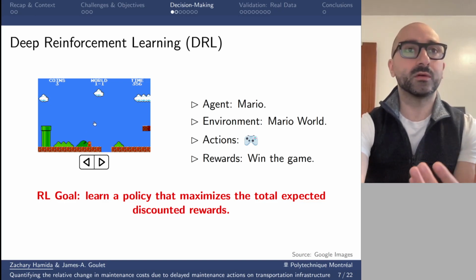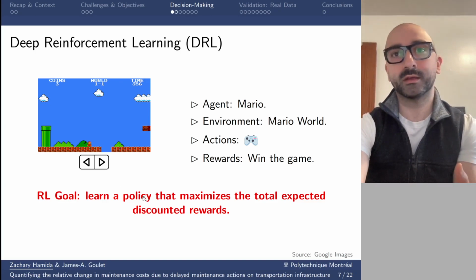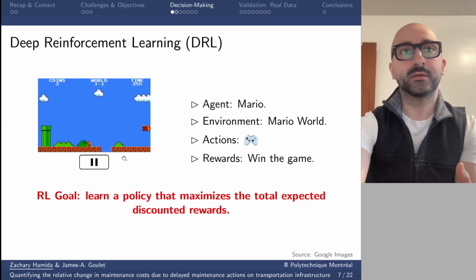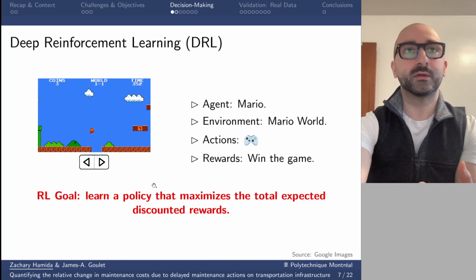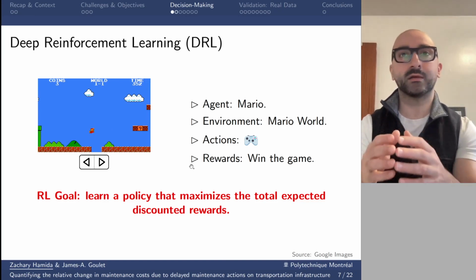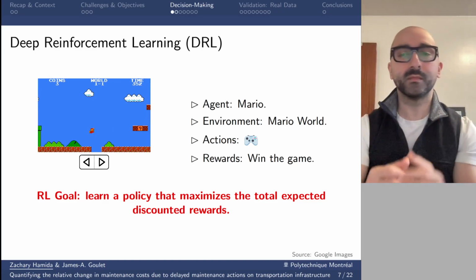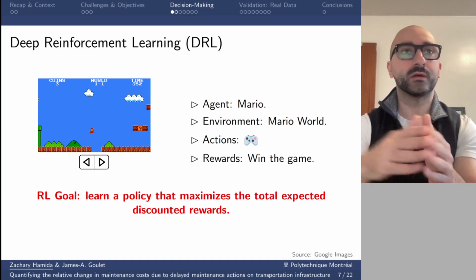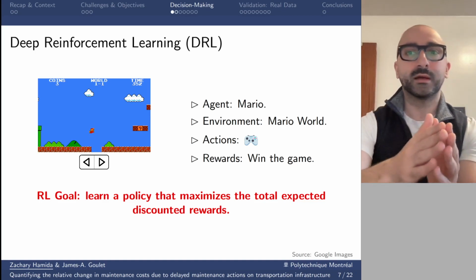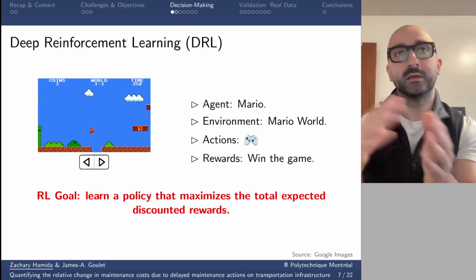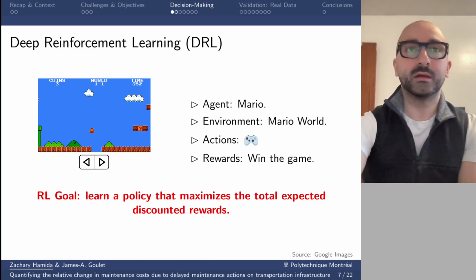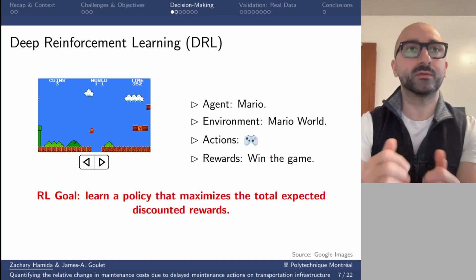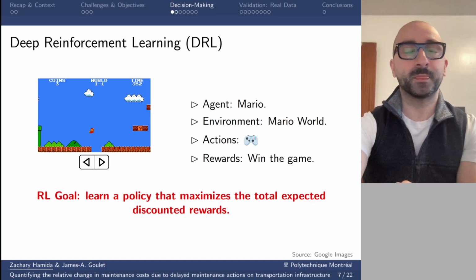So the end goal for reinforcement learning is to learn a policy that would maximize the total expected discounted reward. So whenever we have this Mario game, it means that Mario would earn a reward whenever the agent controlling Mario finishes the level.